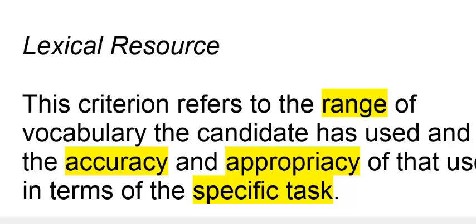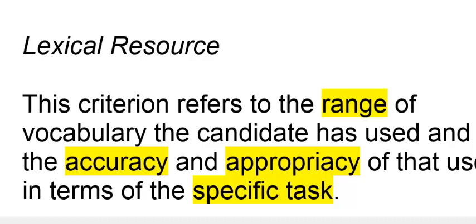Now, the similarities between a band score 6, 7 and 8 are that all of these band scores use vocabulary and lexis related to the essay question. That means you're using appropriate lexis or appropriate vocabulary in order to score a band score 6, 7 and 8.